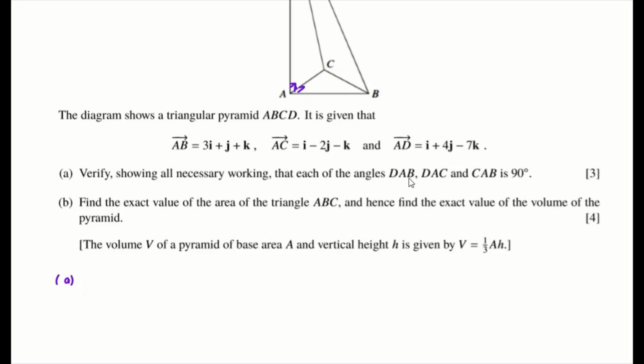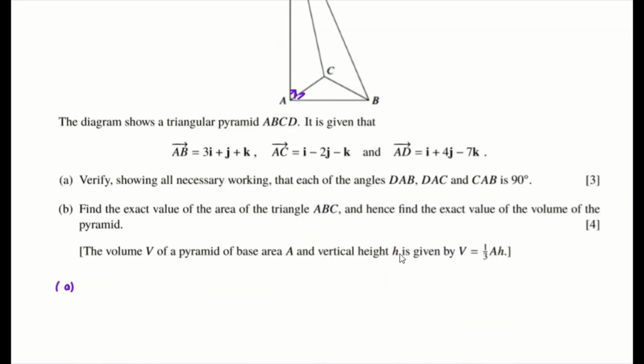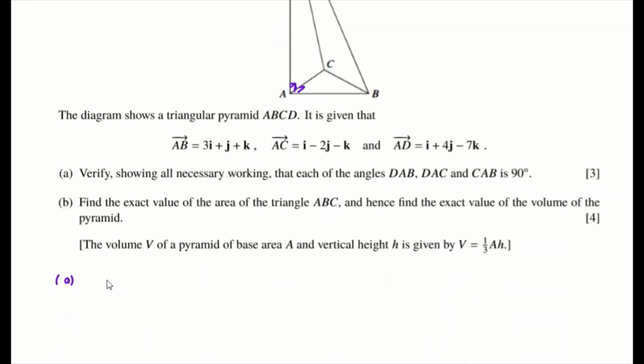So DAB is here, which means that you will need to use AD multiplied with AB and try to find out the dot product. So AB, and also AD. You can try to write down everything. AB is 3, 1, 1, and then AD is 1, 4, -7.